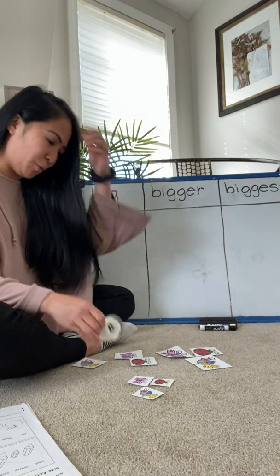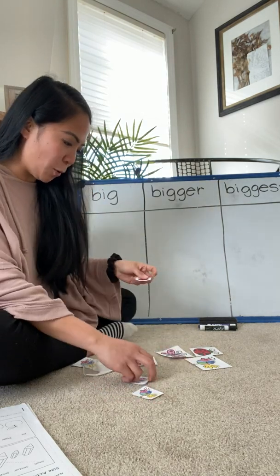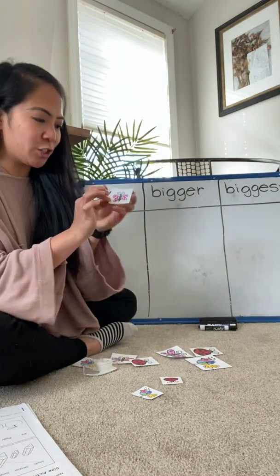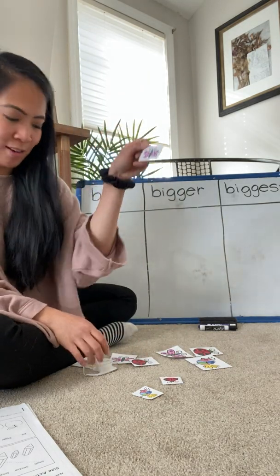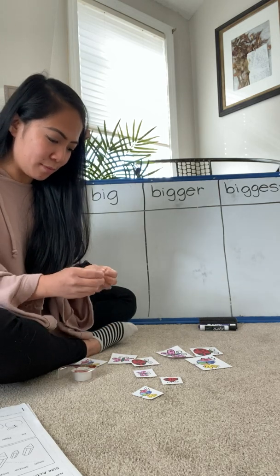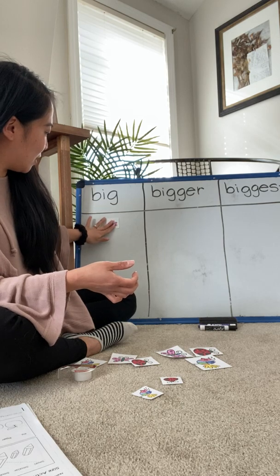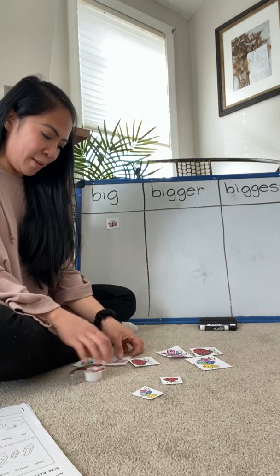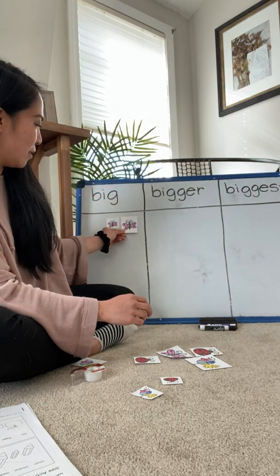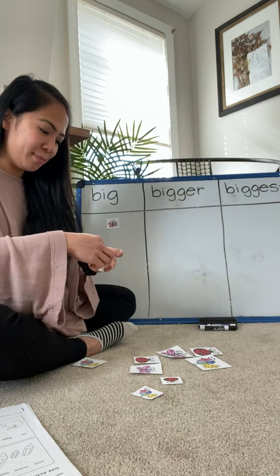I have some spring pictures. So this is going to be big. I'm going to tape this onto the board. This is big. We'll do the butterfly first. This is bigger, because look, it's bigger than that big butterfly. So we're going to put it in the bigger.